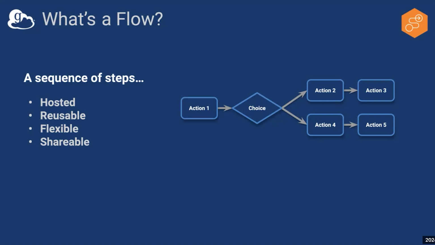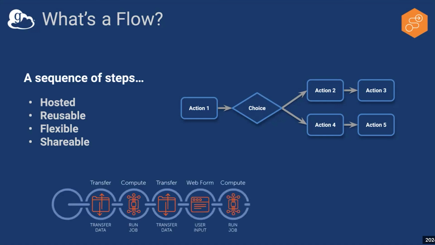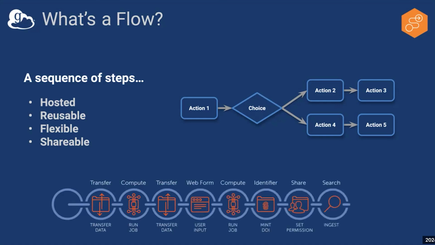In short, you can think of flows as applications hosted on the Globus platform. And so each time you use that flow, it's going to operate over a sequence of steps in a specified order. And that allows for automation of complex interactions across multiple services.